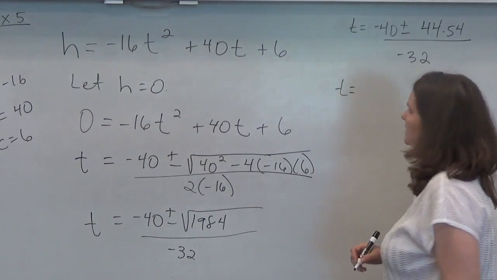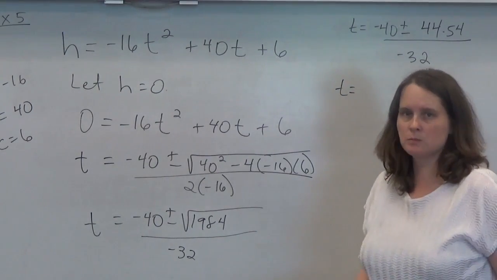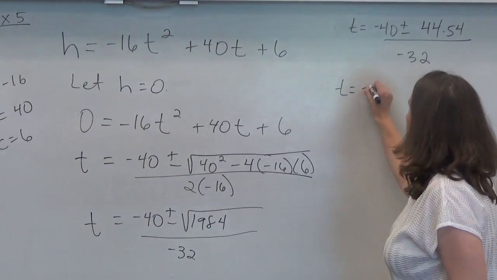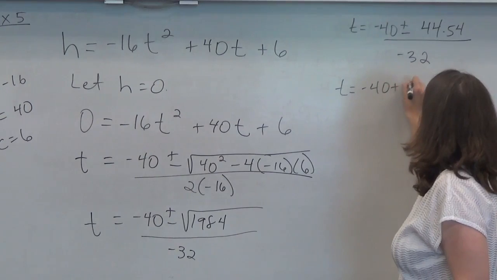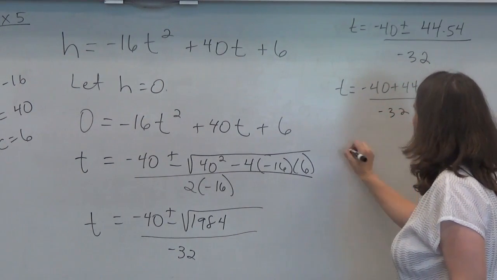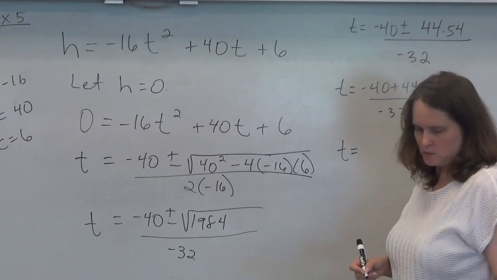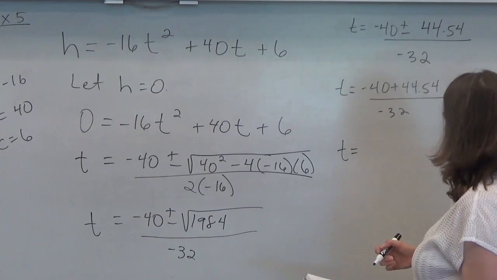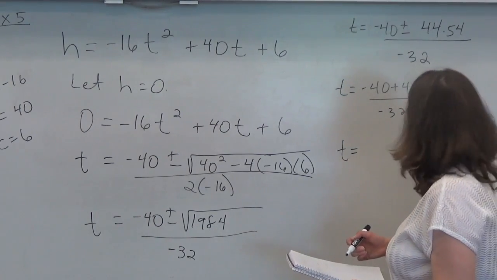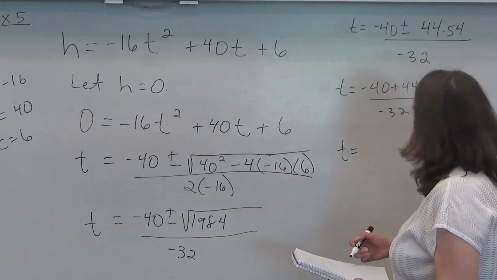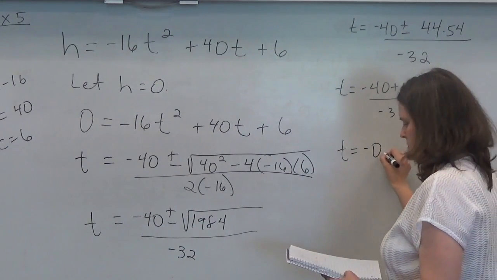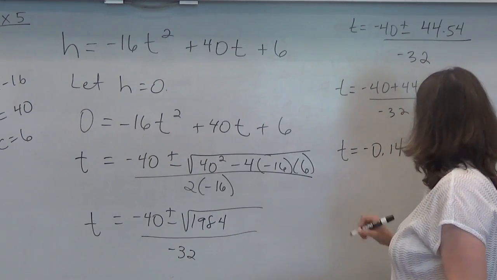Now make sure you understand this is giving you two possible answers. The plus or minus is two different pieces that you need to do. So you've got negative 40 plus 44.54 all over negative 32. That answer is giving you negative 0.14.